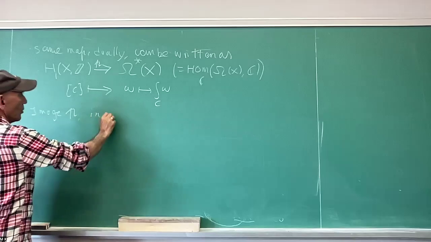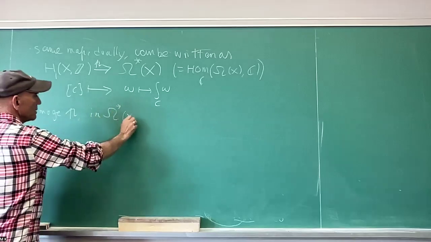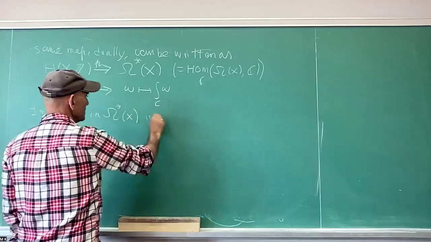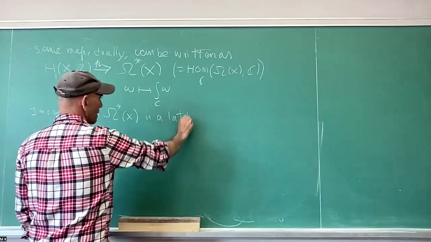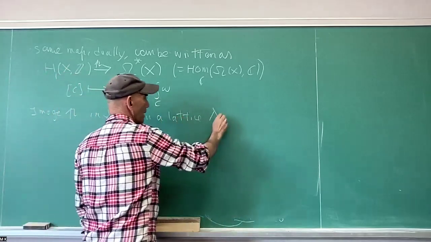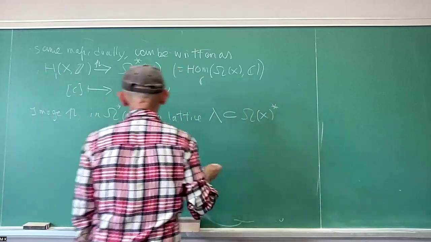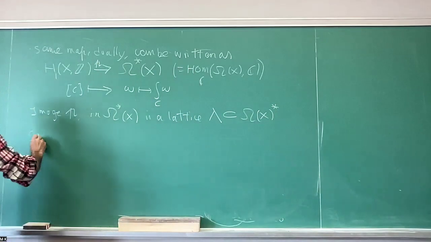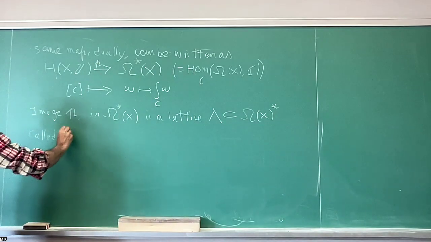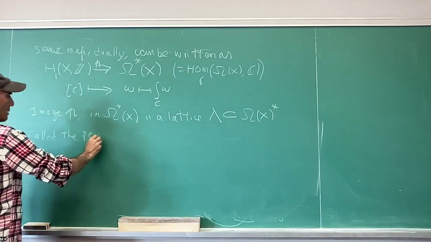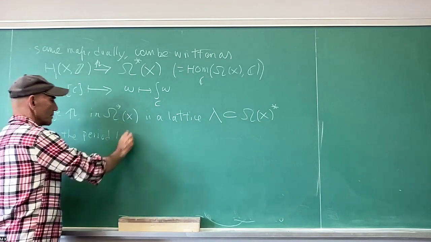in omega star of X is a lattice lambda inside omega X star. This is called the period lattice.